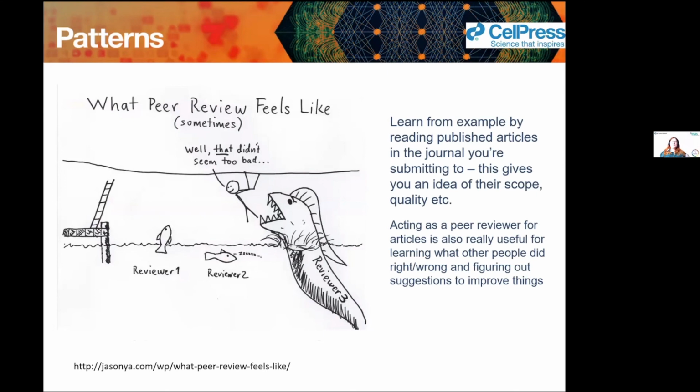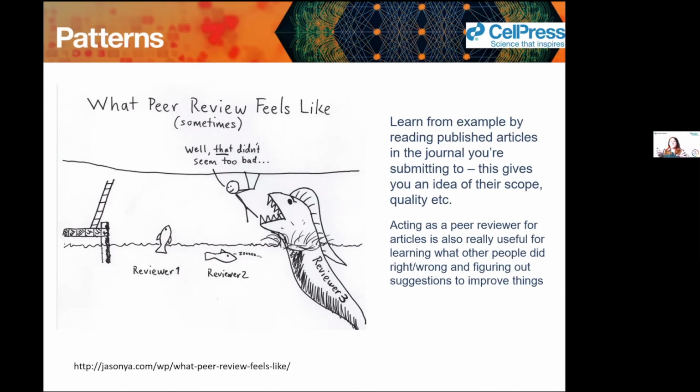I've mentioned the joys of reviewer 3, the metaphorical reviewer 3. And I will say as well that you can learn an awful lot about writing research articles by reading them. And you can also learn an awful lot from peer reviewing research articles too. Acting as a peer reviewer for articles helps give you the understanding of what other people did, and then helps you hone your abilities to go, okay, they did this thing in particular that I think wasn't the best choice.